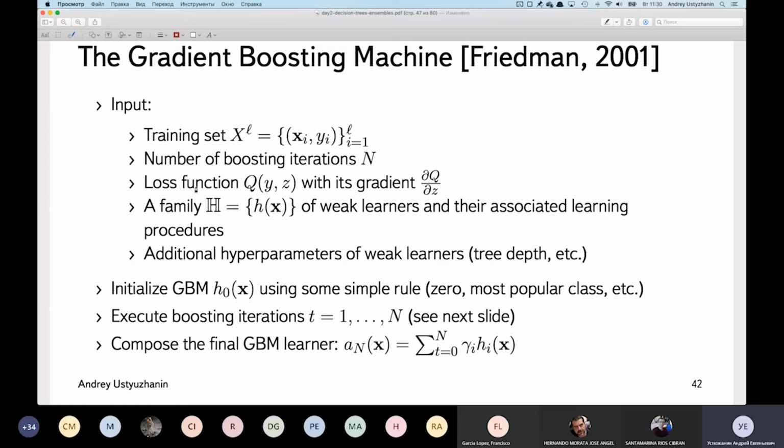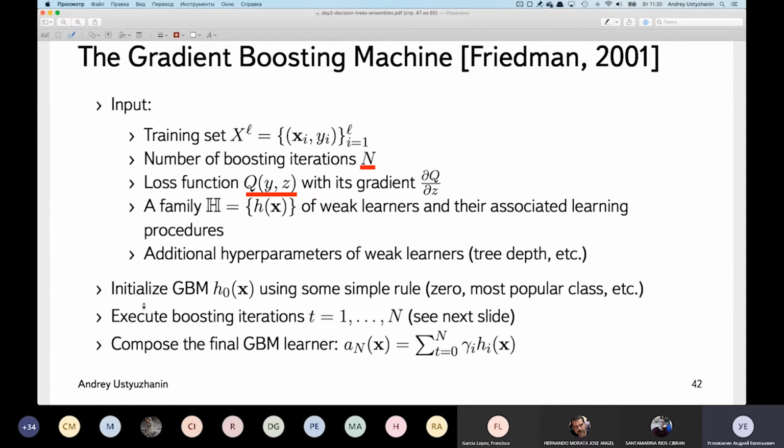So we have the loss in this initial definition of this algorithm. We have hyperparameters in terms of the number of boosting iterations, a loss function that is differentiable with respect to z, and we have a family of weak learners that we can build.